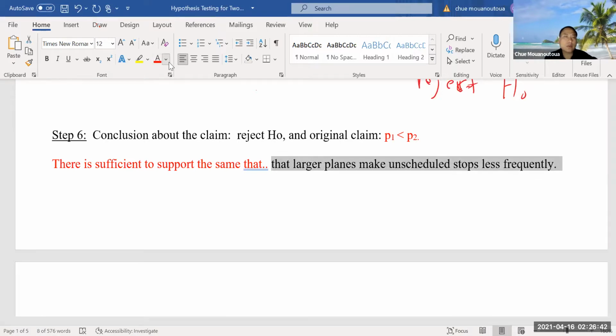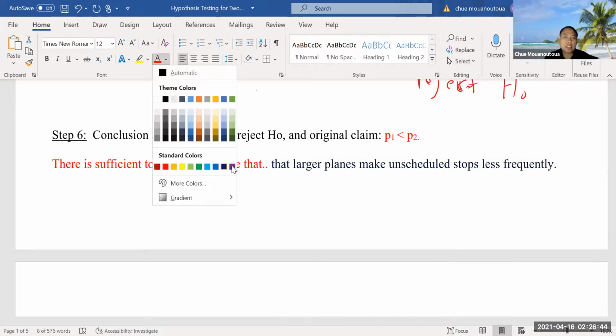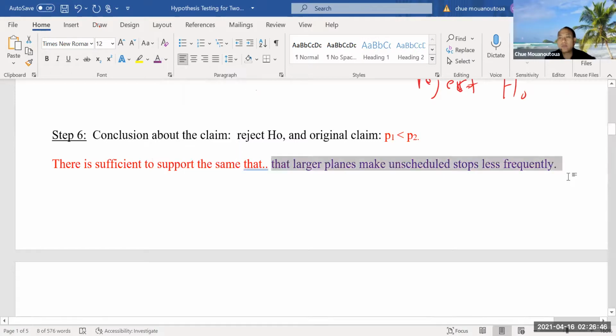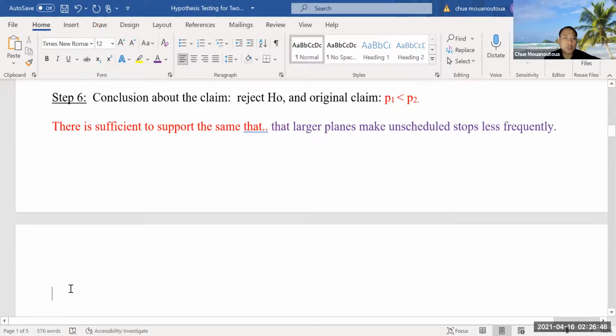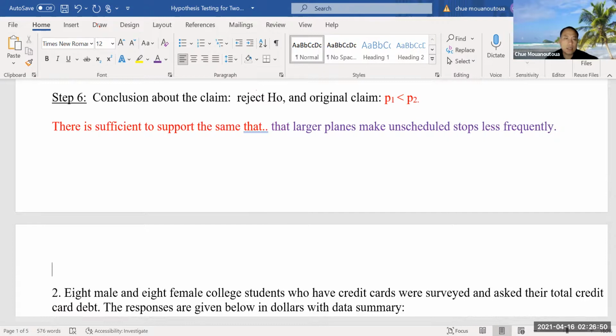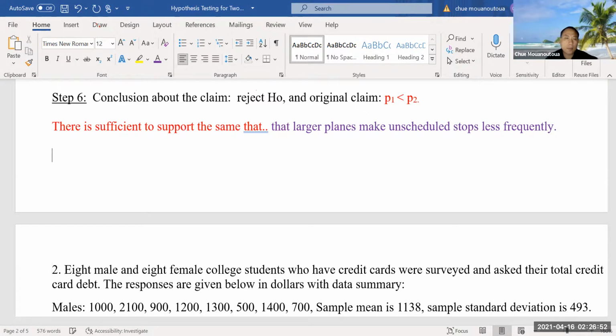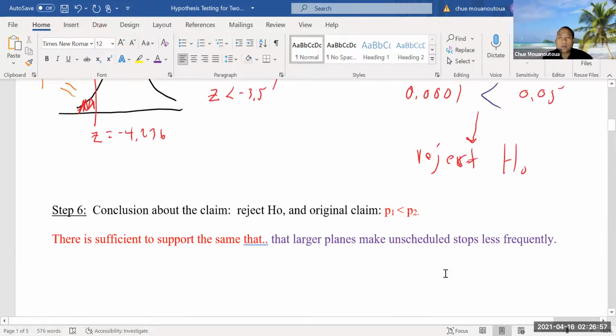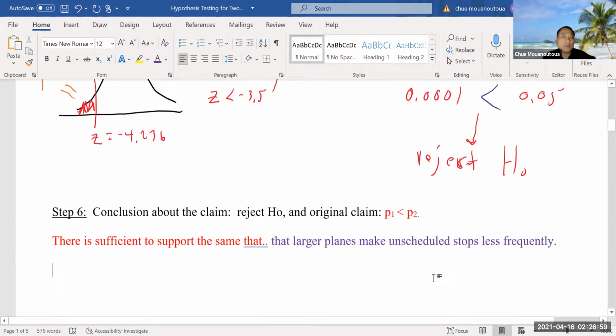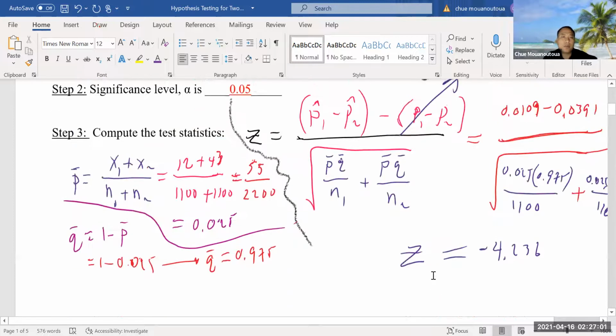So that's how you do this, same procedure as before. The hardest part is probably the formula, how to compute the test statistic.